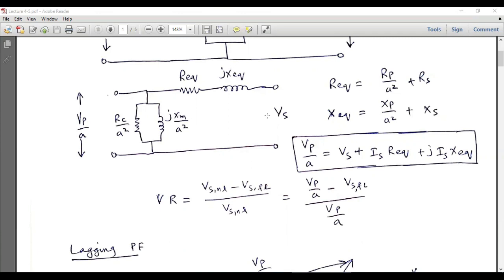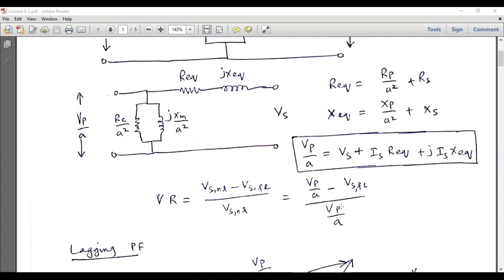At no load conditions, when there is no load connected at the secondary, all this primary voltage will appear across the secondary terminals, because there will be no current, and due to this reason there will be no voltage drop across these two series parameters. In that case, Vp over a will be equal to Vs, and this is Vp over a minus Vs at full load divided by Vp over a.